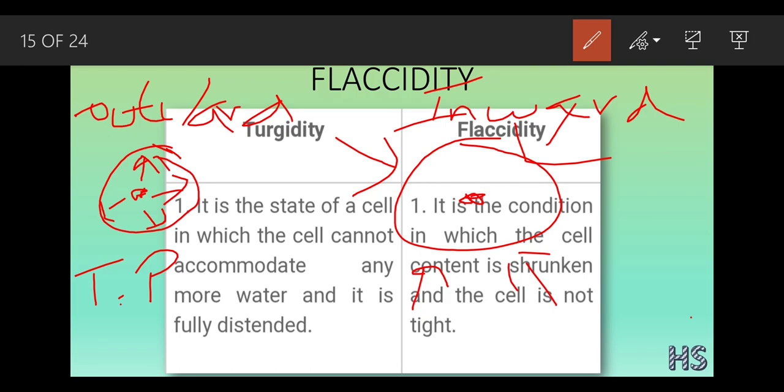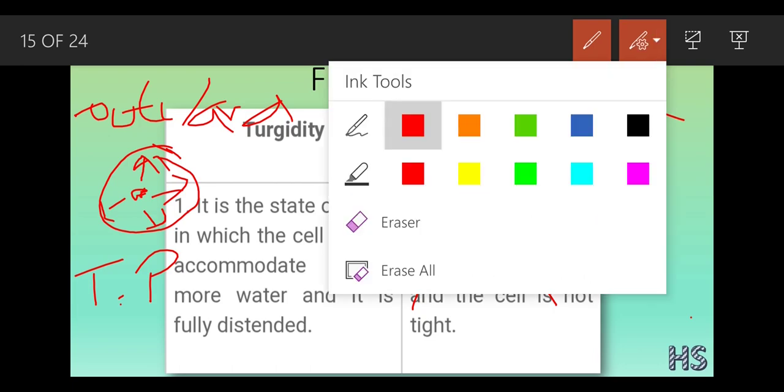Here the cell content is facing this pressure. Both are reverse cases.